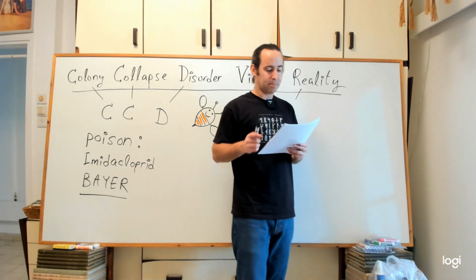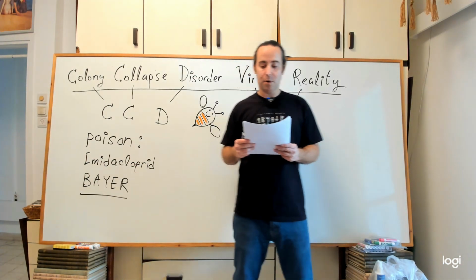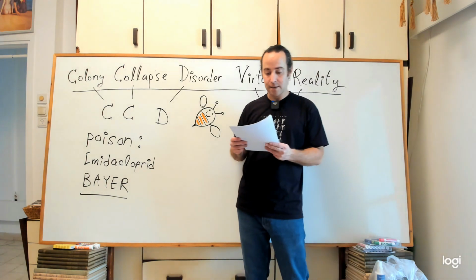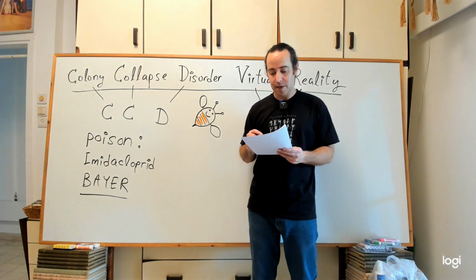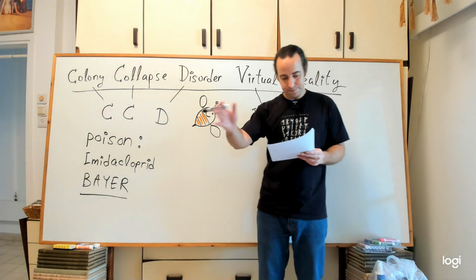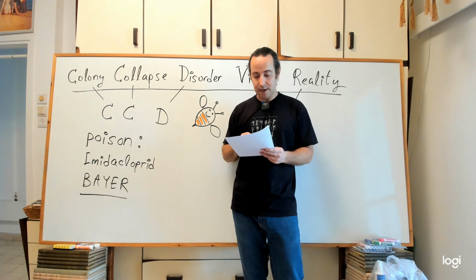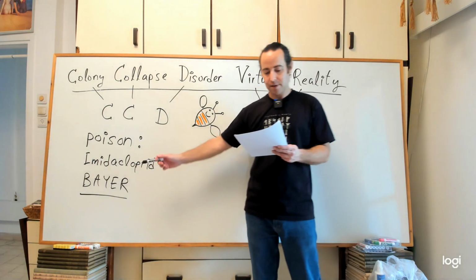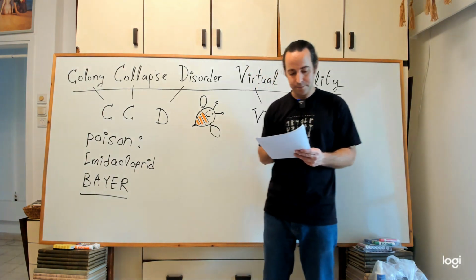The problem is that poison, Imidacloprid, the most widely used insecticide in the world, which is mostly made by Bayer, destroys the bees' ability to navigate. So the bees are able to get to the poison, but they cannot get back.